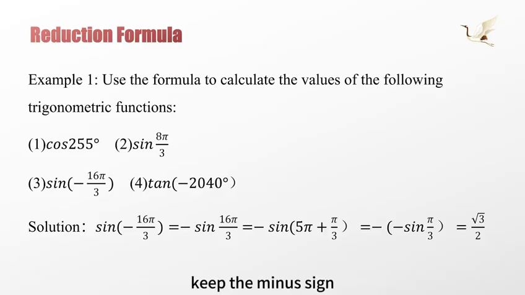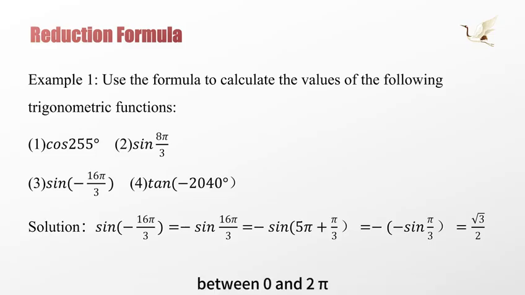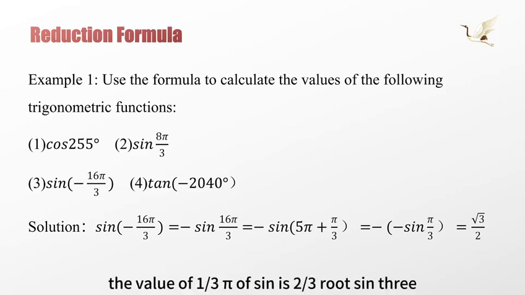Then, keep the minus sign, and continue to turn the large angle of 16 pi over 3 to between 0 and 2 pi, which is regarded as 5 pi plus 1/3 of pi. Since the terminal edge of angle 5 pi plus pi over 3 is in the third quadrant, and the sine value is negative, its simplification result is negative sine of pi over 3. The negative sign in front is copied, and the negative sign in the end is positive. The value of sine of 1/3 pi is root 3 over 2.